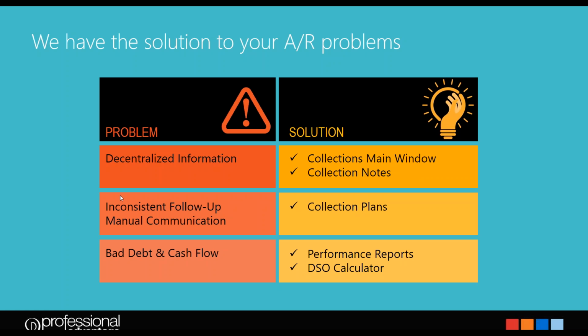The second pain point that we see a lot of our customers have is a lot of inconsistent follow-up, and with that follow-up you're perhaps using a lot of manual communication. Our collection plans are going to allow your users to spend less time searching for customers, and less time creating emails and attaching invoices manually.